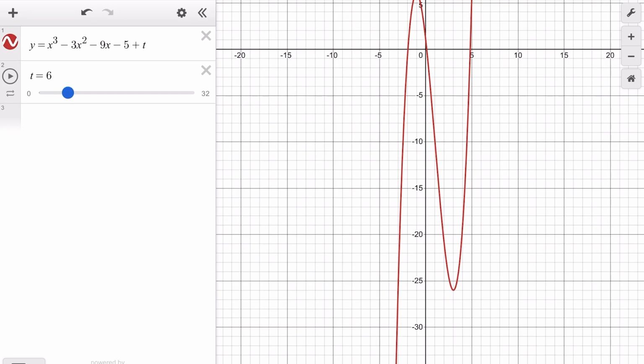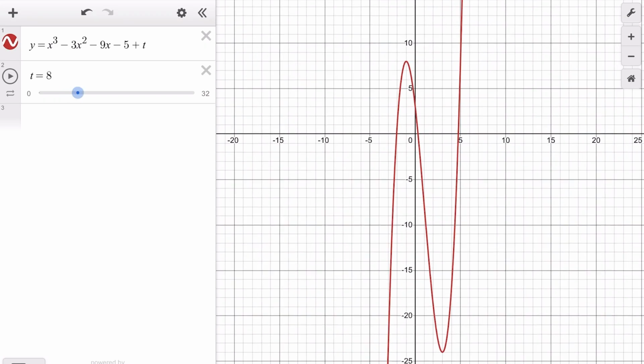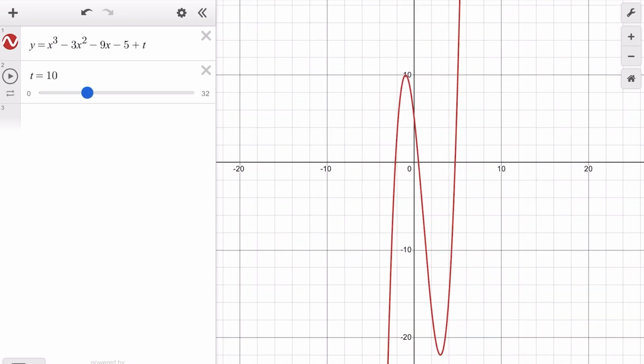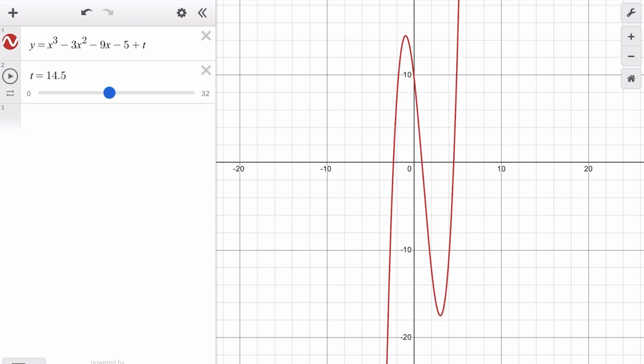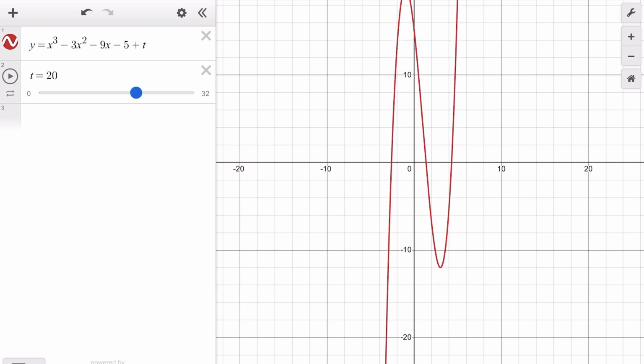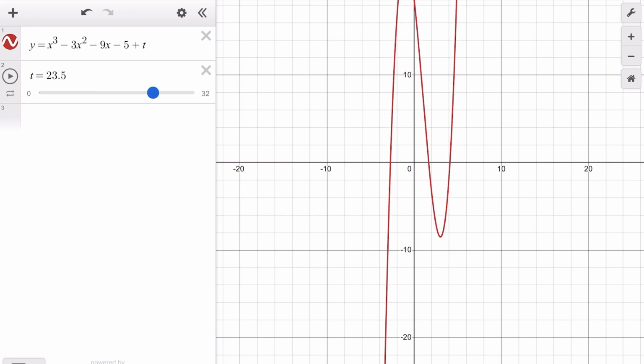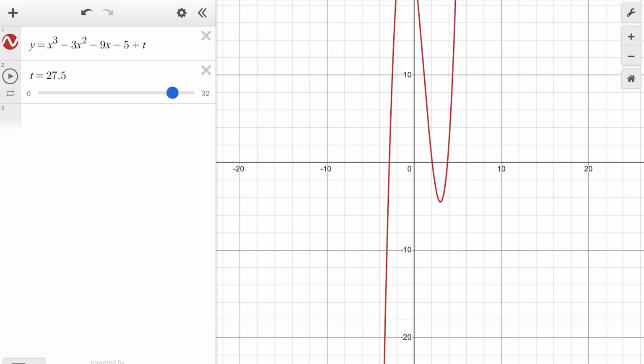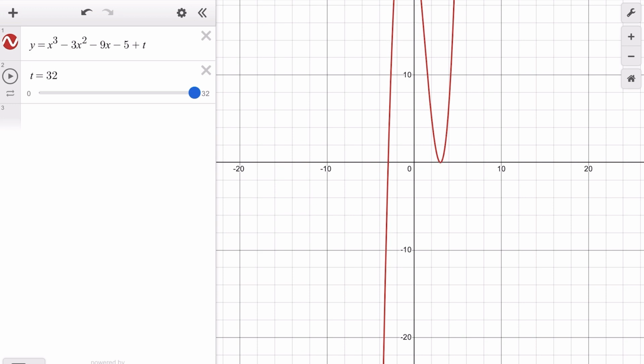So if it's 5.5, you have two positive values and one negative value for the roots. And you can see that as we move it up now, as we increase this t value, you still have two distinct positive roots and one negative root up until 32.